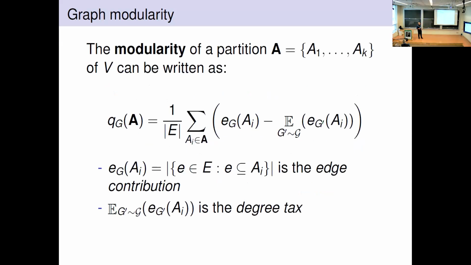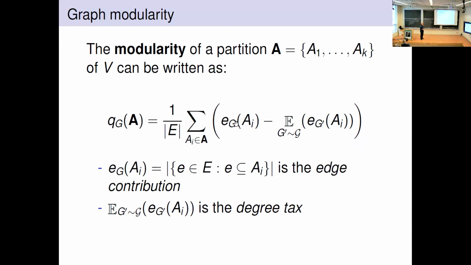So the modularity is a very commonly used objective function for graph clustering. It can be written as follows. It is the difference between the proportion of edges that are completely within one of the parts. So that's e_g, A_i are all the edges that are completely within part A_i, so both vertices.